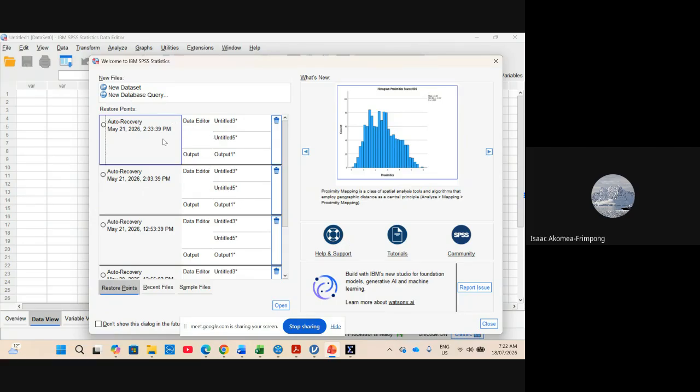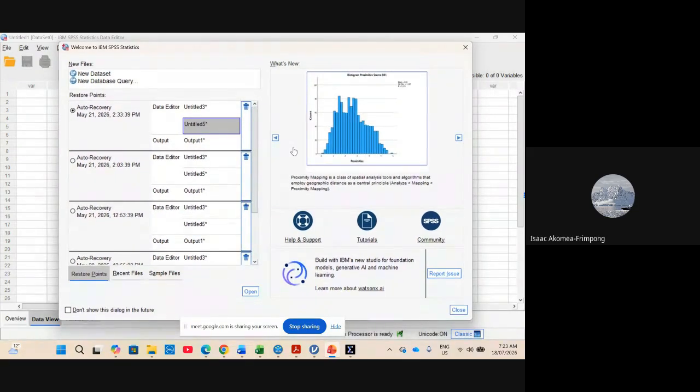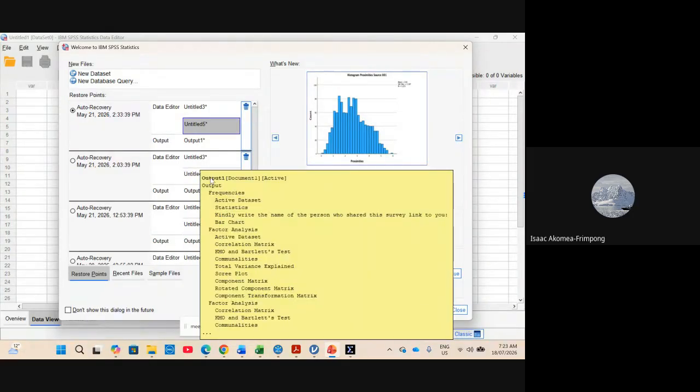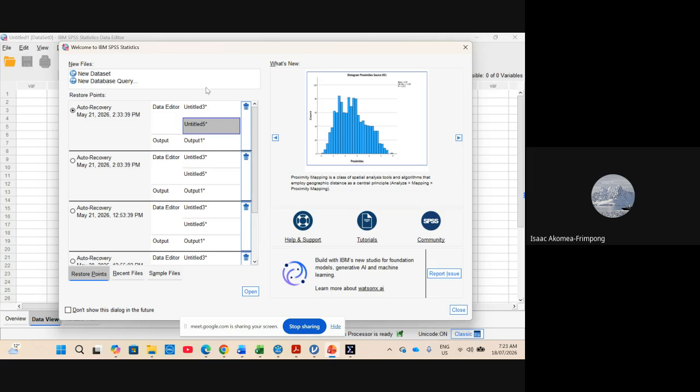You can just use the unrotated, and when you check the unrotated section, if all your factors have 40%, the extreme one is 50% and above, then that means you're okay. But if they are less than that, then there's an issue.